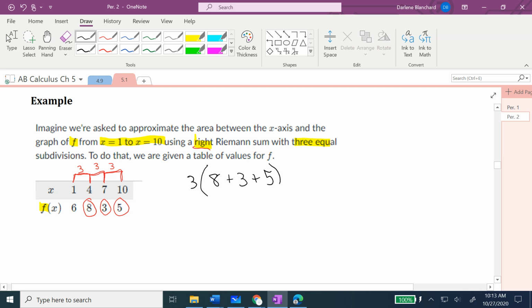I would recommend on the AP exam that you specify before you write these numbers out that these are f of 4, f of 7, f of 10, so that you are showing them I understand where these numbers are coming from. This is the formula I understand, that kind of thing. All right, so that's that example.